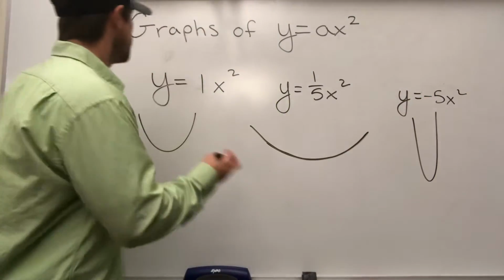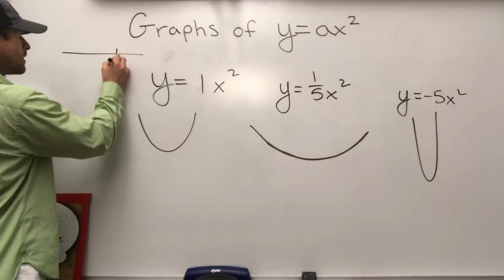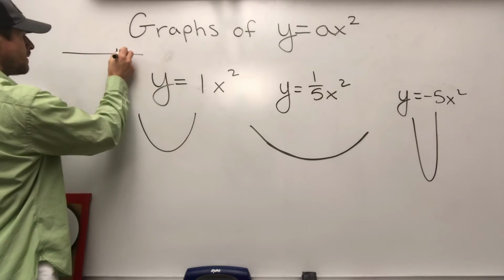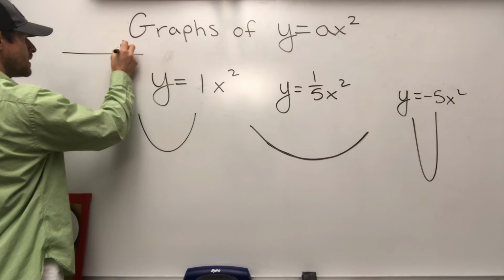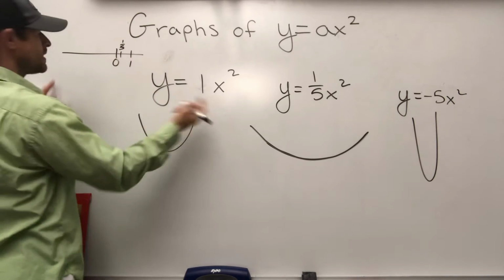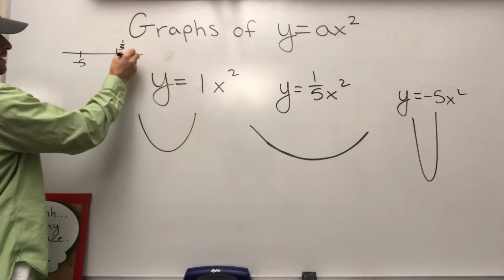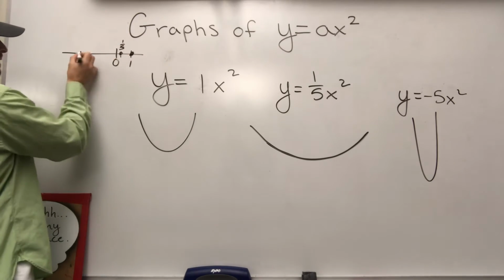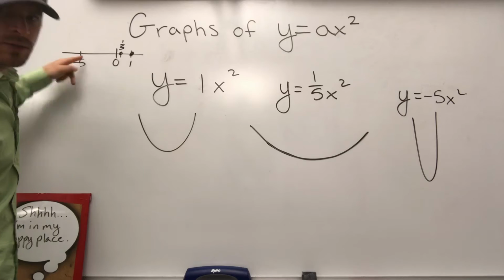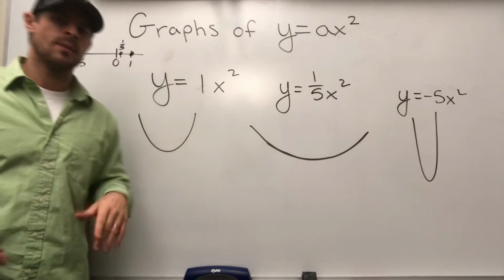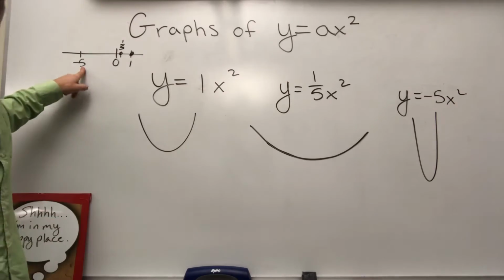Yeah, if you're thinking of a number line, 0, 1, 1/5. So 1/5 is right there, 1 is right there, and then you got negative 5 back here. So they're saying this would be the largest value, the middle value, and then they thought this was the lowest, which it is, right? It's the smallest number on a number line, but it doesn't hold the smallest value.